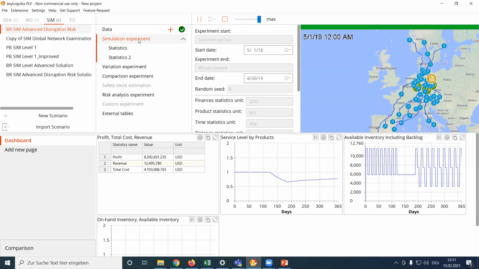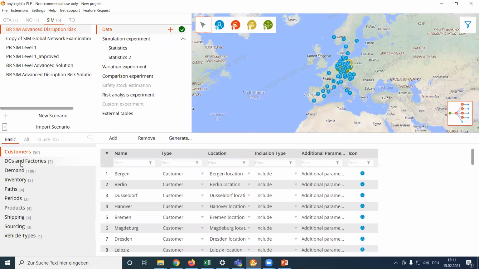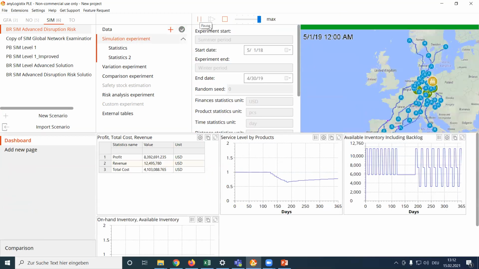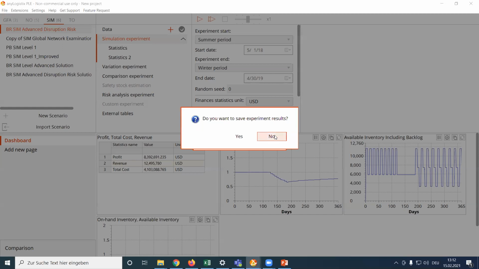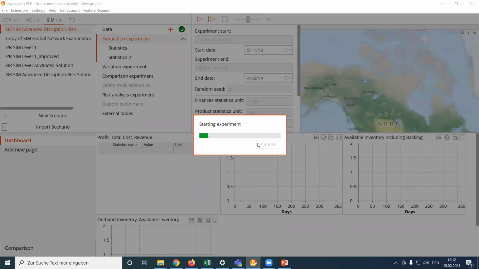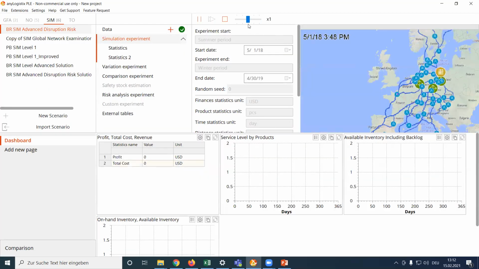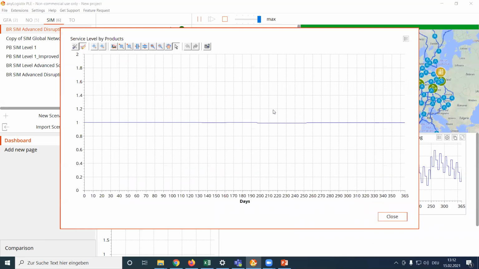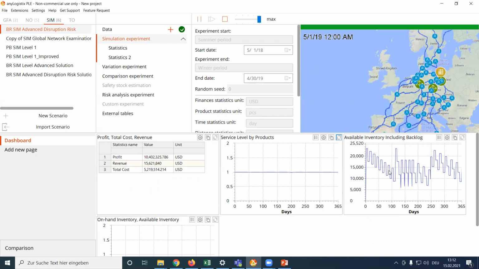And if we run the same experiment now with 2 distribution centers, in Spain and in Berlin, we could see that the second backup DC would have a very positive effect on the resilience. So we have only a really small impact on the service level, and our inventory dynamics is not interrupted.